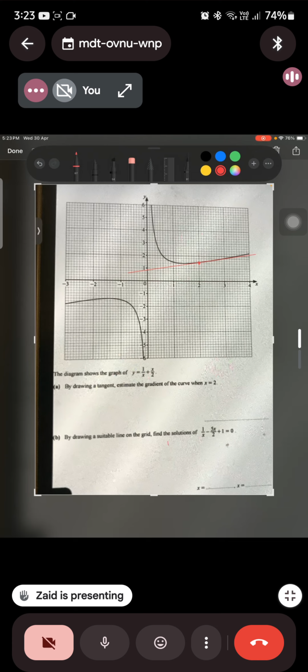So what we can do is 1 over x minus 5x over 2 is equal to minus 1. So this is basically the value of y.